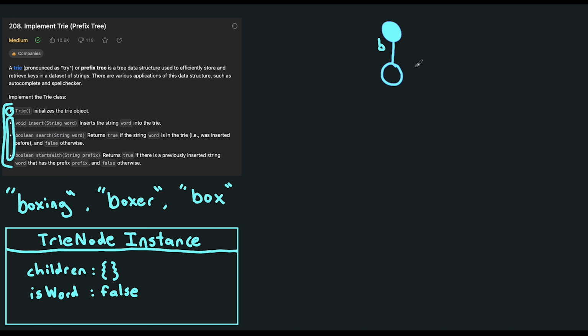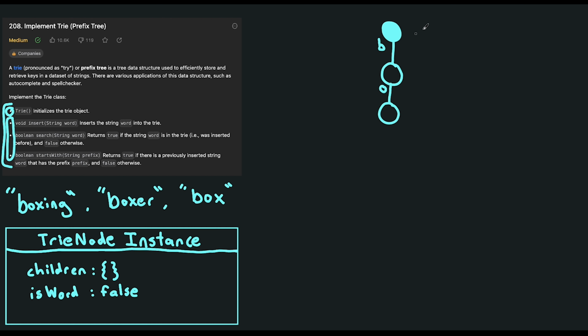So then we traverse to this new node that was just created, and we ask, hey, do you have in your children hash map the key O? And it doesn't, because it was just created, it has nothing. So we create a new node, and we set that key equal to this new node.